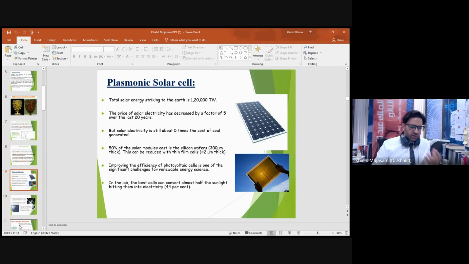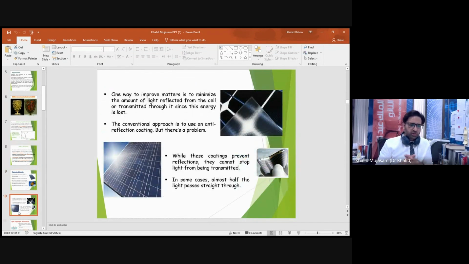That's where researchers all across the world are trying to work on different types of solar cells. One way to improve is to minimize the amount of light reflected from the cell or transmitted through it, since that energy is lost. We can put some kind of anti-reflecting coating, but again, there is a problem.